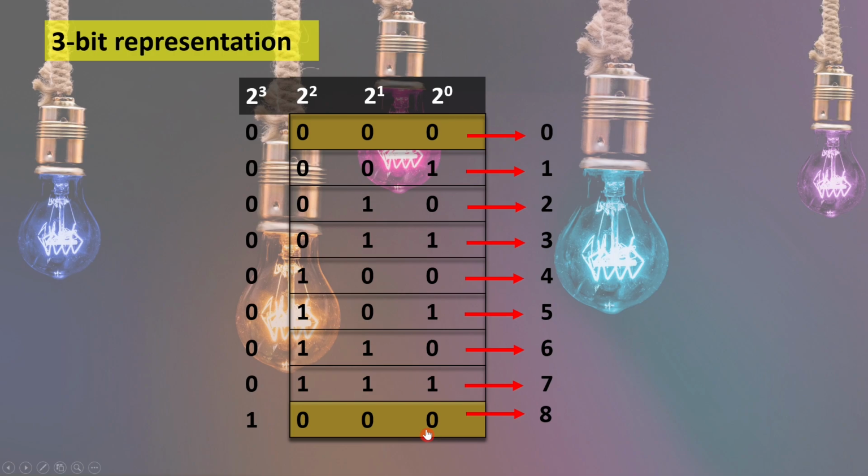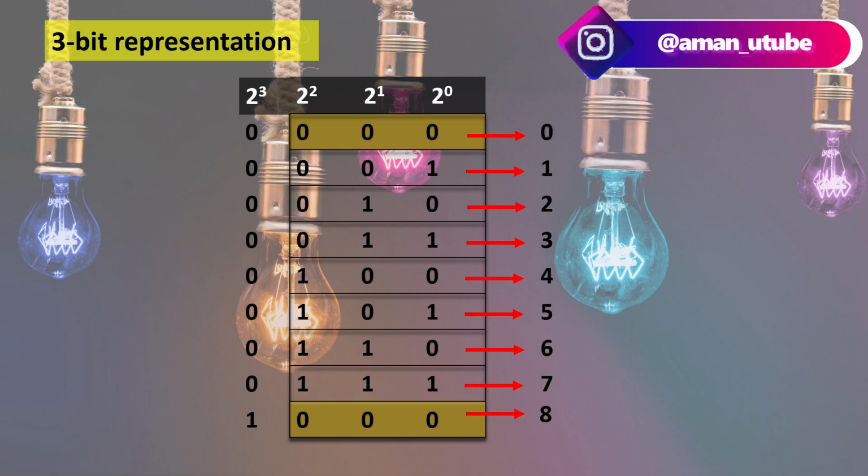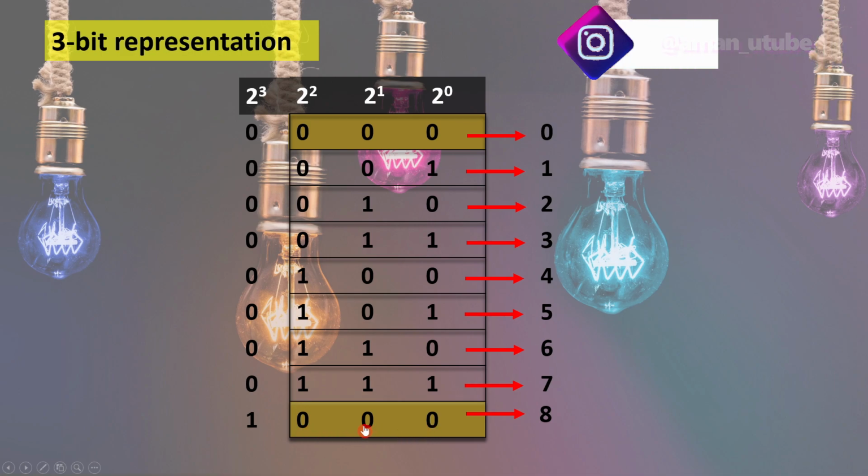If we force ourselves to represent the value 8 in 3 bits, we would not be able to, and we are left with only 3 bits. Because this 4th bit can't be represented, this value is equal to 0 in 3 bits, as the hidden 1 bit is lost and the rest of the bits are 0.